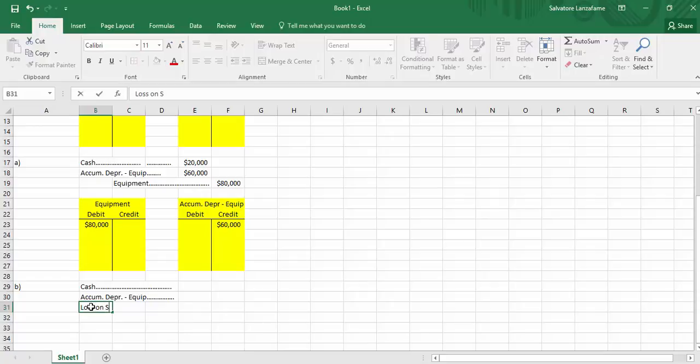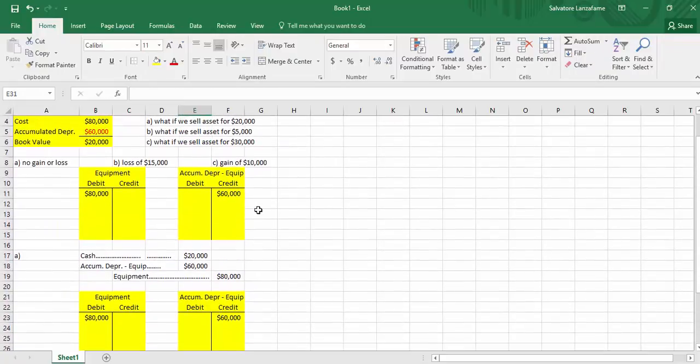So we're just going to call it loss on sale, and then we're going to credit the equipment account. So the equipment, again 80, the accumulated depreciation, again 60. So I'm putting those two in that we know for sure from the T accounts.